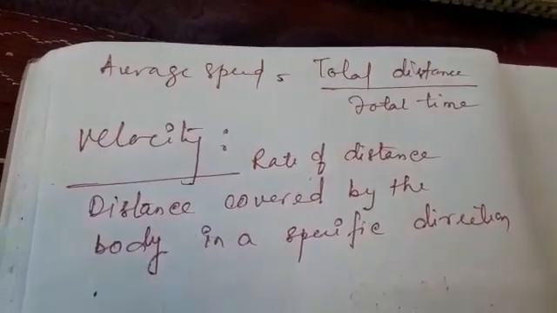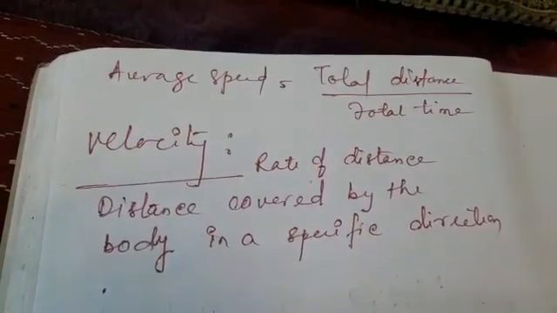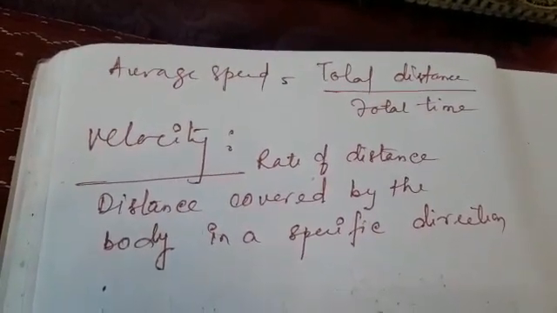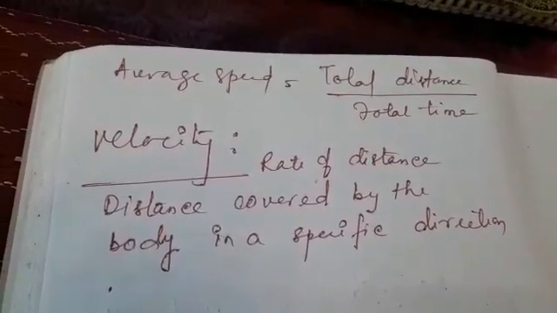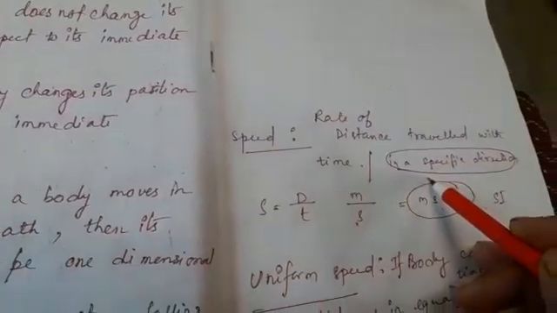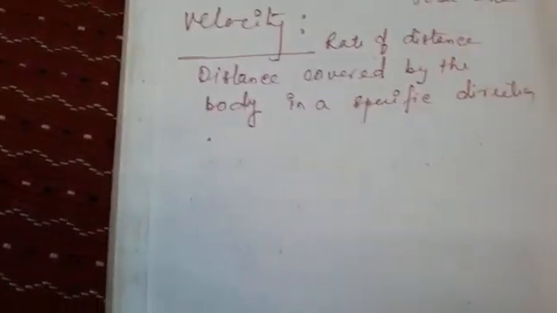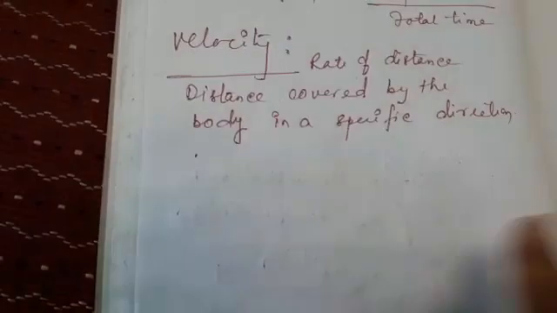Now next is velocity. Velocity is a rate of distance covered by the body in a specific direction. So it is same as that of the speed, but a single statement got added, in a specific direction. So the moment you include this line in a specific direction, it will change into velocity.